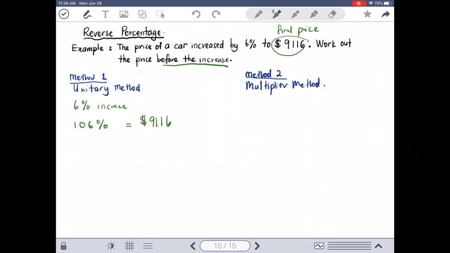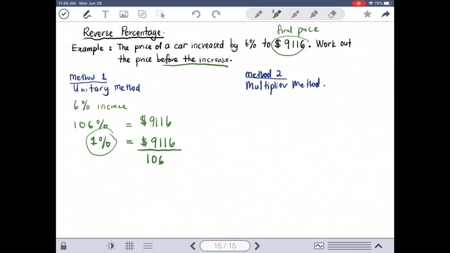That is 106%. If 1%, then we must have 9,116 divided by 106. You don't have to find it by using a calculator, just leave it like that.